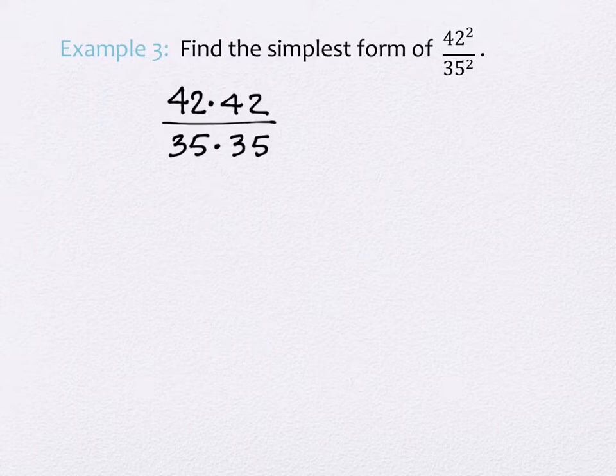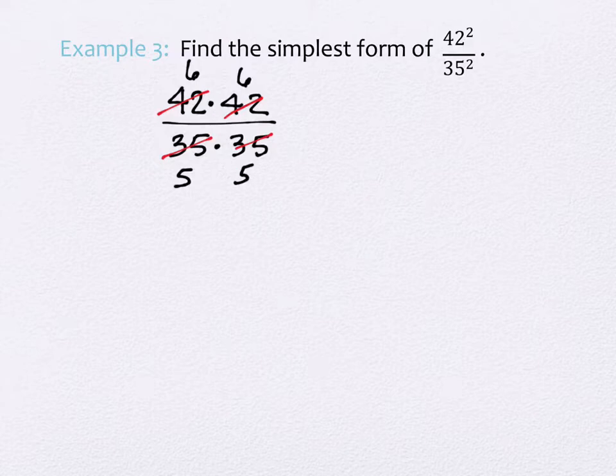What are 42 and 35 both divisible by? 7. So what is 42 divided by 7? 6. And what is 35 divided by 7? 5. So that's the first 42 and 35. But if I can do it with one pair of them, I should be able to do the exact same thing with the other pair. So now I can reduce this one and make it 6. And this one and make it 5.